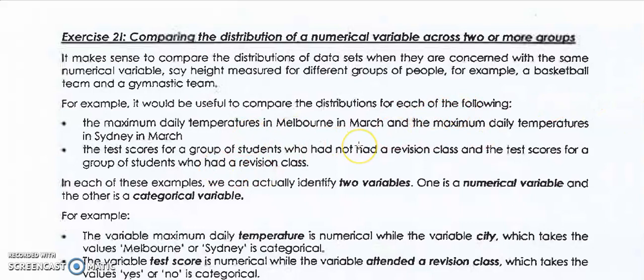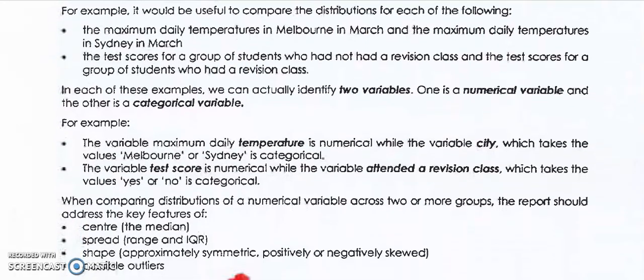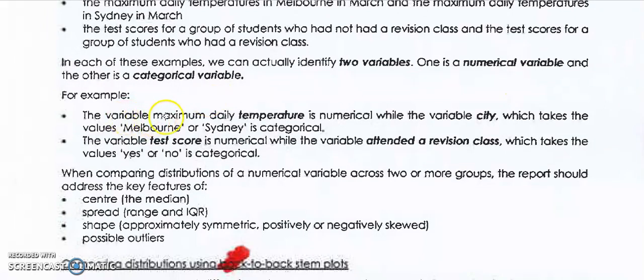So in each of these examples, we can identify two variables. One is always going to be numerical, regardless of whether it's discrete or continuous, and the other one is always going to be categorical, regardless of whether it's ordinal or nominal. So in that previous example, the variable maximum daily temperature is numerical, while the variable city, which takes the values Melbourne or Sydney, is categorical.